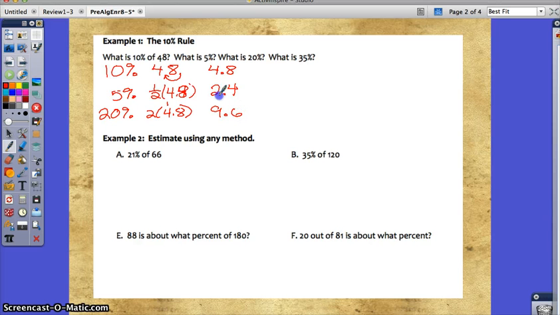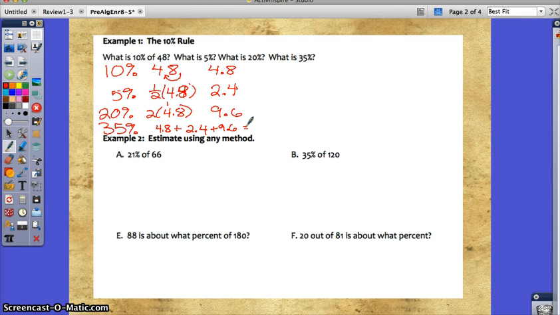And then the last one, what is 35%? So think about it. How could you get 35%? Well, knowing the 10% and the 20%, you could just add those together and then add in the 5%, right? 10% is 4.8, 4 and 8/10. 5% is 2 and 4/10. So far that's 15%. Plus the 20%, which was 9 and 6/10, to get you 35%.